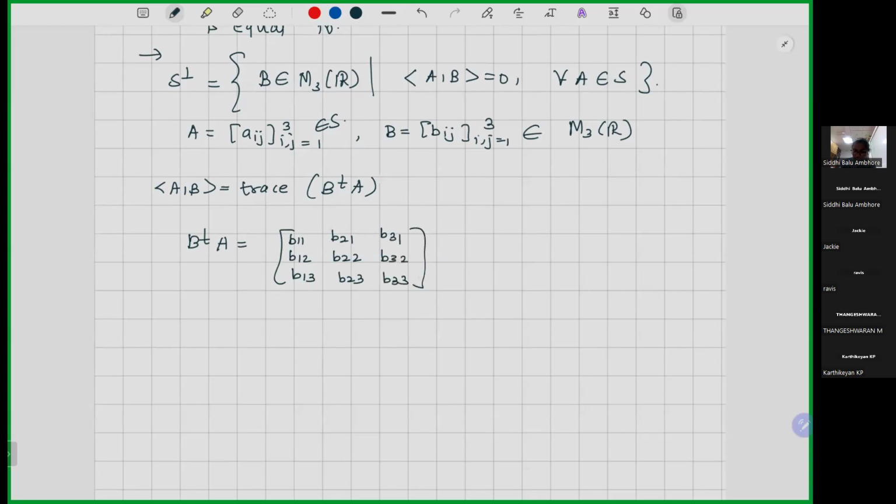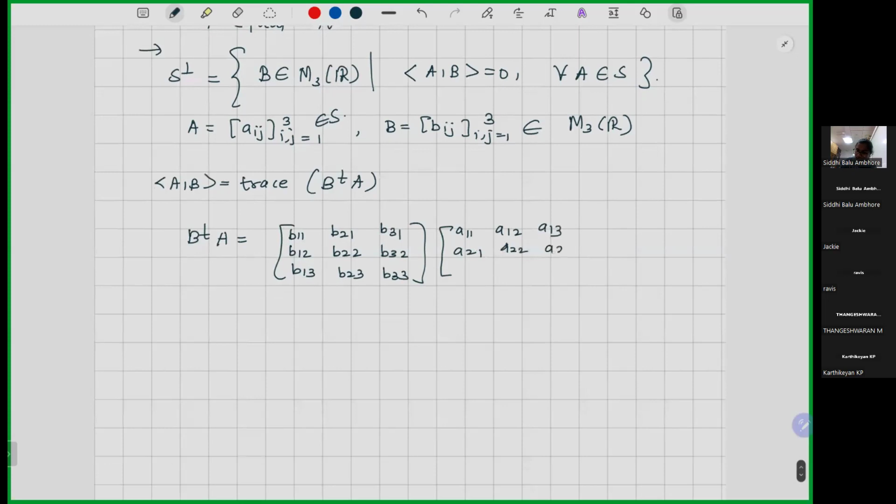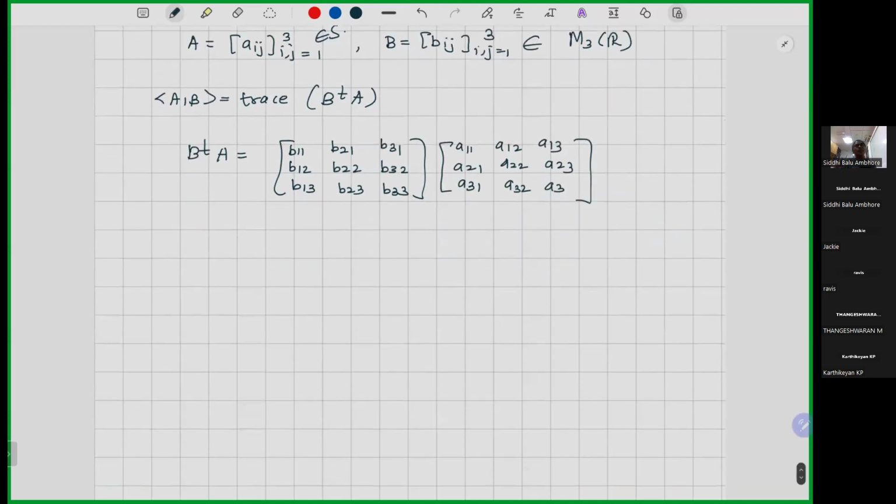Okay, this is B transpose, right? And A will be A11, A12, A13, A21, A22, A23, A31, A32, A33, right? There's no doubt in here.